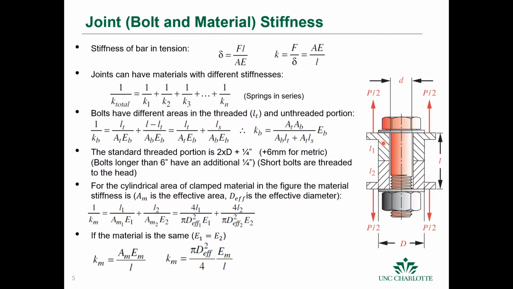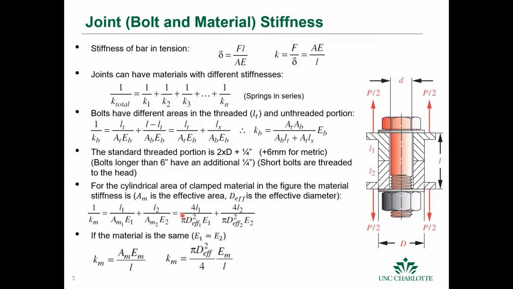And if we express it in terms of just that material, then we have an effective area and effective diameter of these cylindrical sections that load is transmitted through. Okay, so we can get an effective material stiffness. That's what the M is in this expression here. And it's just the length of the one material over its effective area and Young's modulus plus the length of the second material over its area and Young's modulus.